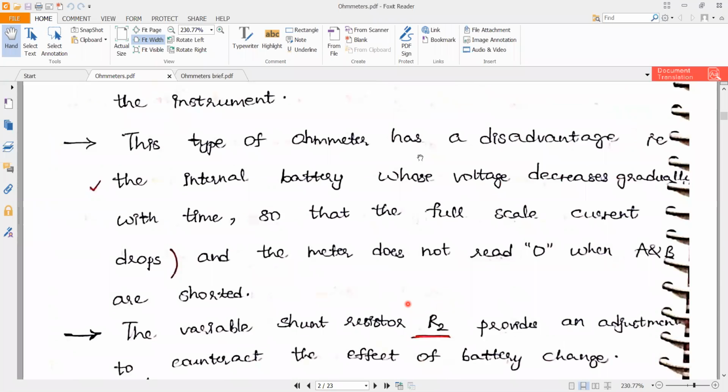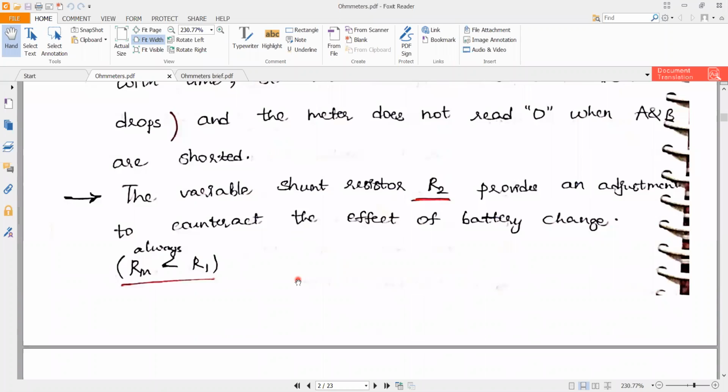This type of ohm meter has a disadvantage: the internal battery voltage decreases gradually with respect to time. So the full scale current drops gradually.